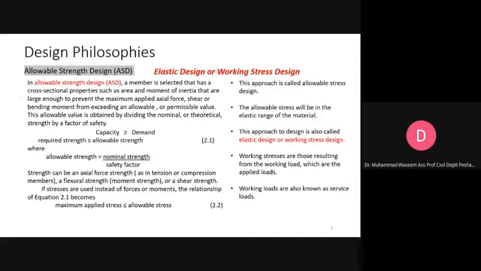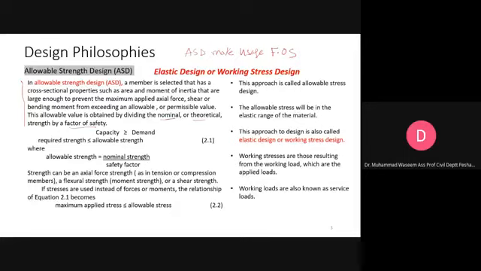What we do is reduce the resistance of the member: the theoretical resistance is there, and we reduce this theoretical or nominal strength by dividing it by a factor of safety.